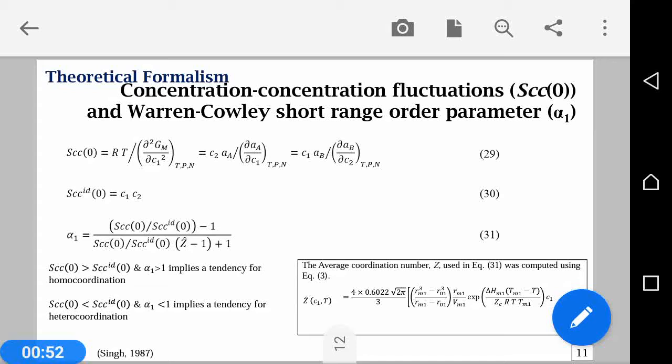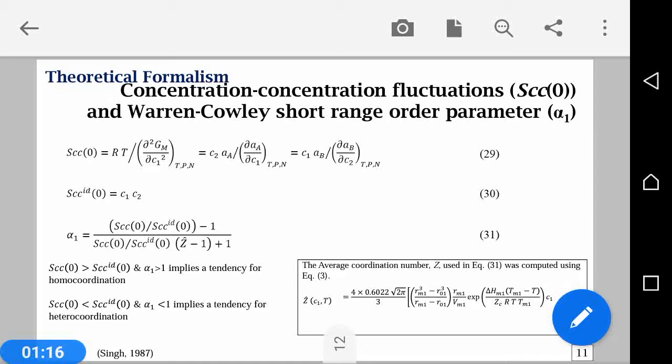SEC0 is not useful alone. Its ideal value at the particular composition is also required to make inferences. SEC0 is defined in equation 29, while its ideal is defined in equation 30.